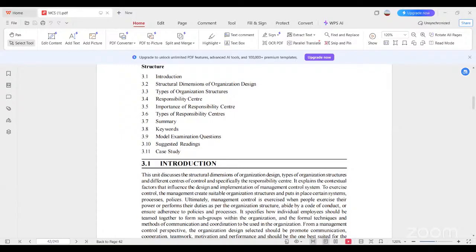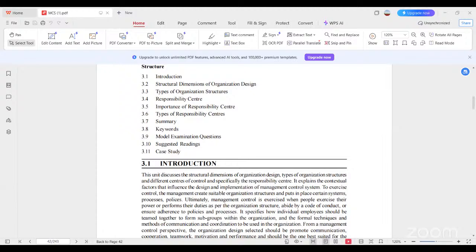Okay, so from a management control system point of view, organization design is one of the most powerful tools, you can say. Why is organization design important in management control?